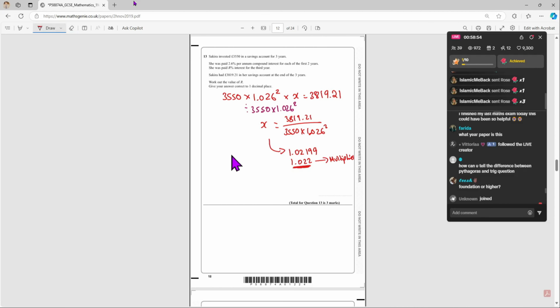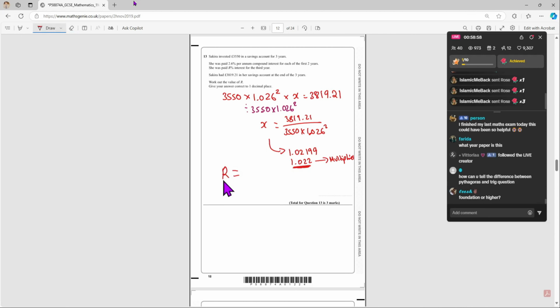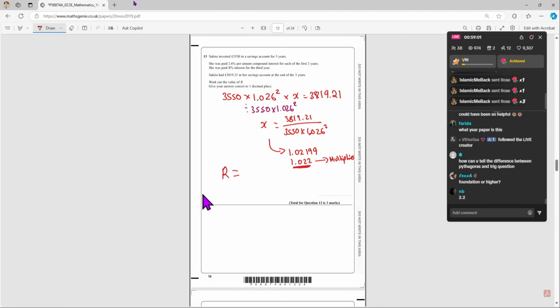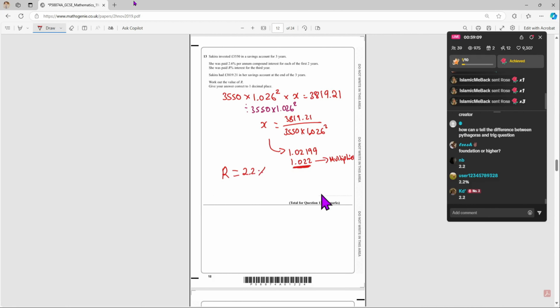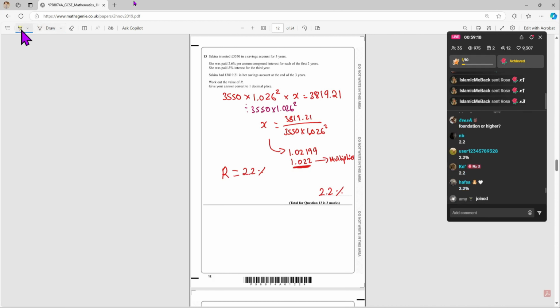Remember, use your multiplier rule. This is going to be 2.2%. Well done, guys. Well done, get that correct. So that was 3 marks.